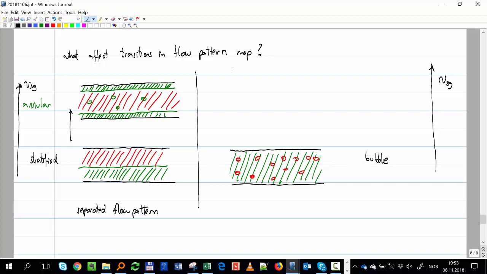We get either churn or we get this slug flow, right?